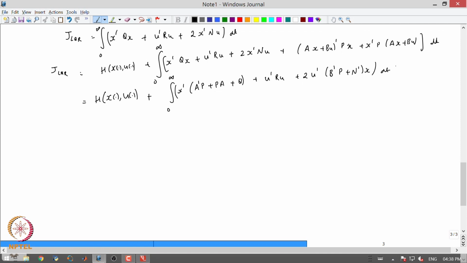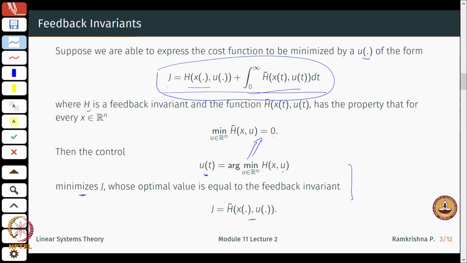Okay. So, let me first see what this quantity looks like: (u plus Kx) transpose R (u plus Kx) with K as R inverse (B transpose P plus N transpose). This comes from the theorem statement here.